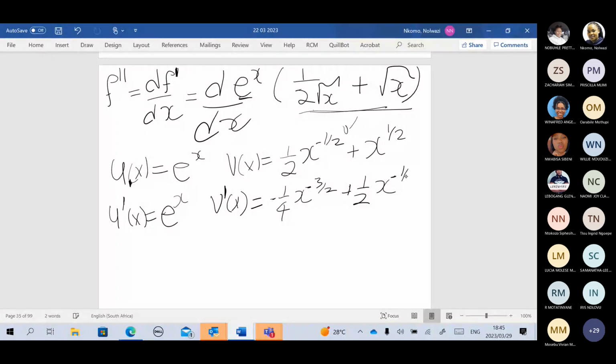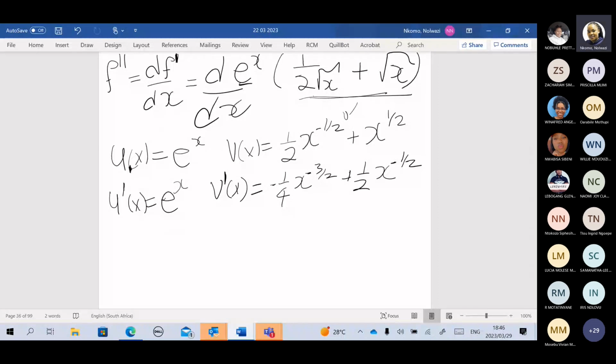Okay. And then I said if f prime is this, and we want to find the second derivative, and we let this be u and this be v, then f prime prime, since we are using the product rule, will equal u prime v plus u v prime. Okay, now we can substitute our u and v back.